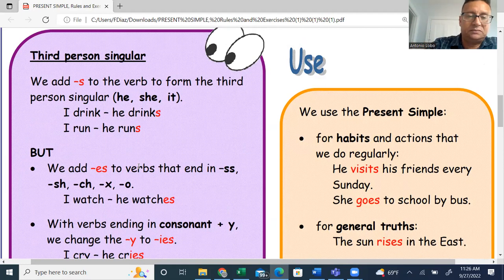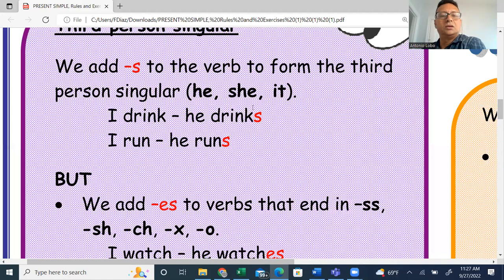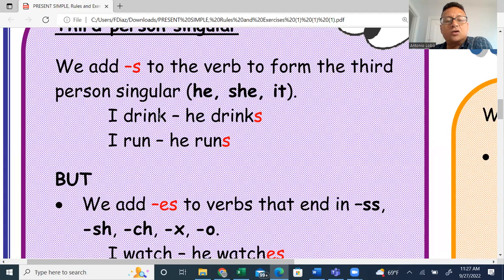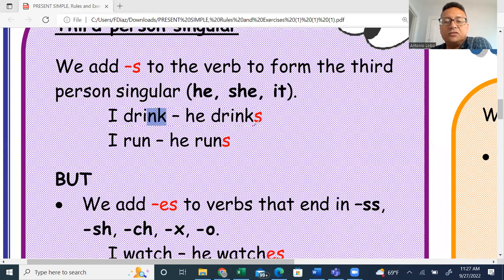For example, if the verb finishes in a consonant and it has a consonant behind it, I drink, he drinks. I only add S in front of it, okay? I don't need to do anything else. I run, he runs.